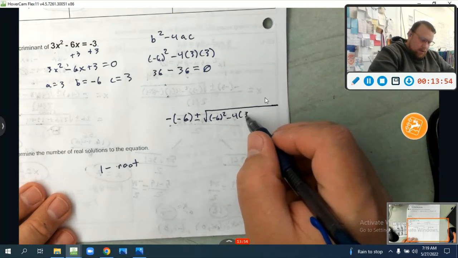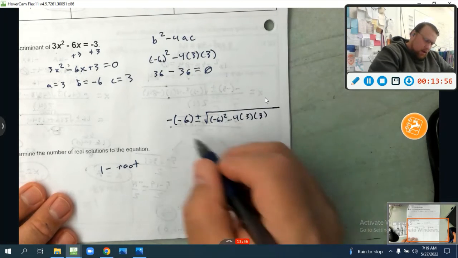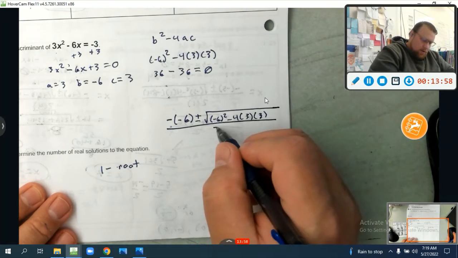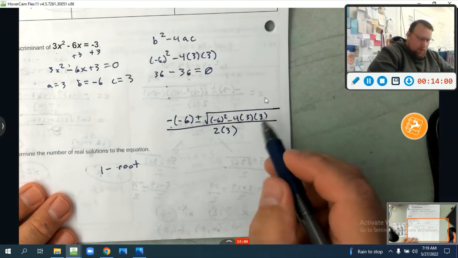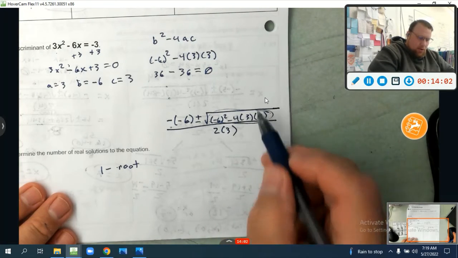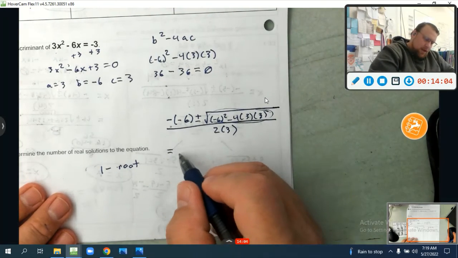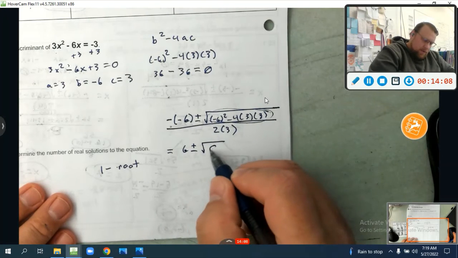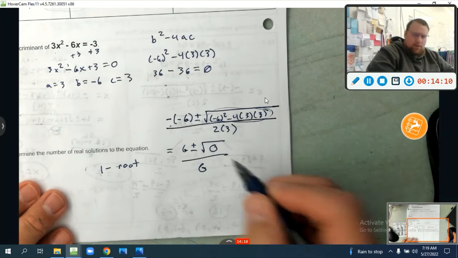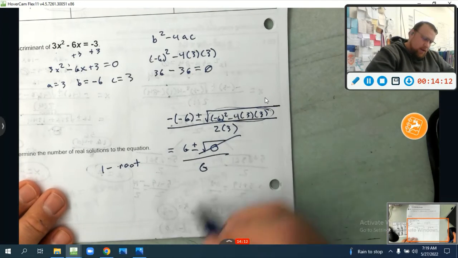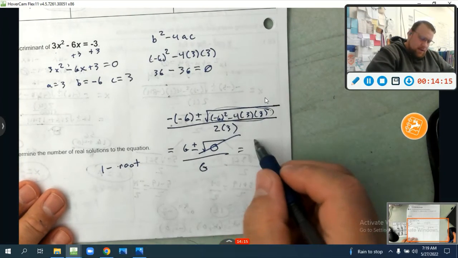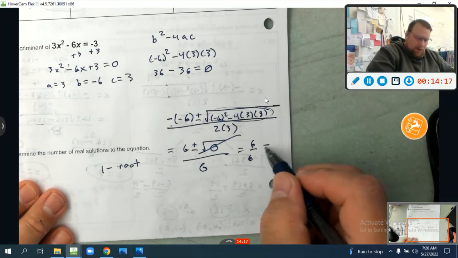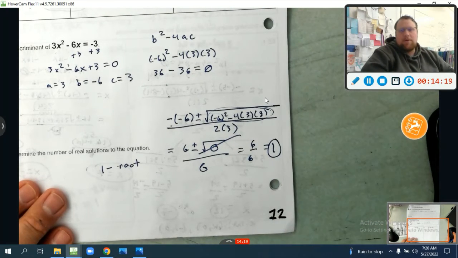And here's why it only has 1 root, because we just determined this discriminant equals 0. So this is really positive 6 plus or minus the square root of 0 all over 6. Well, what's the square root of 0? It's just 0. That's gone. So there is no plus or minus. This is just 6 over 6, which equals 1. So I have 1 root at 1. That's why it works. Awesome.